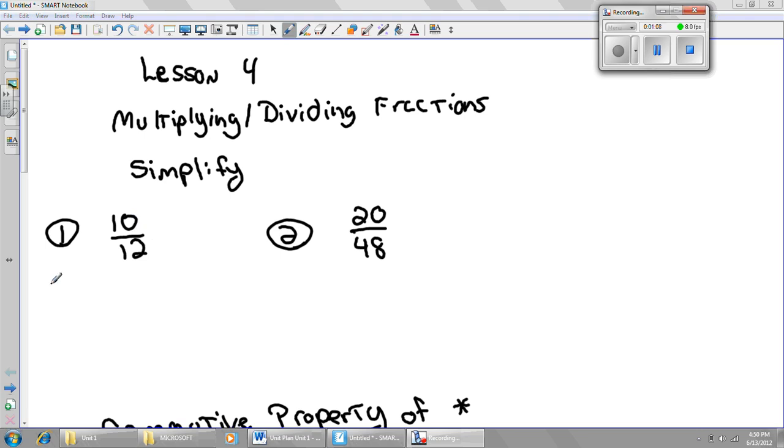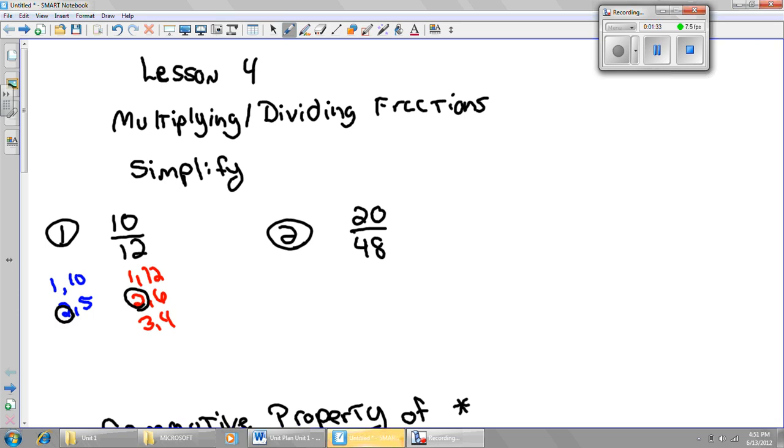Well, in my mind, I can list the factors of 10 are 1 and 10, and 2 and 5, and I think that's it. And the factors of 12 are 1 and 12, and 2 and 6, and 3 and 4, and yeah, that's all the factors. And I look for the one that is common to both, the greatest one that's common. Well, in this case, it's 2.